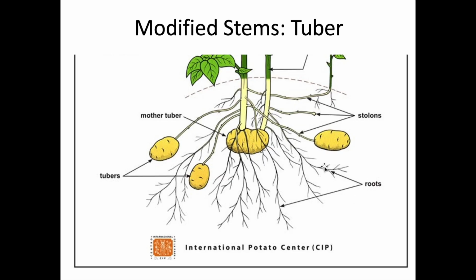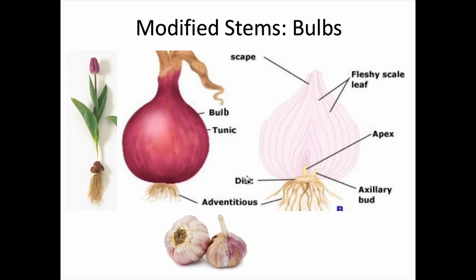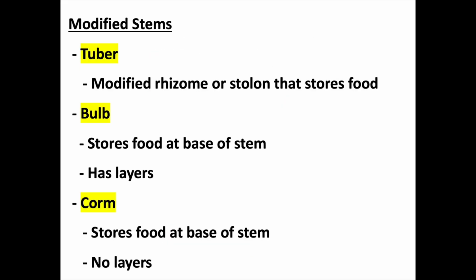There are actual roots. Here are some potato roots, and here are some roots coming off of the onion. This structure is not a root because it's not doing the job of a root. It's not absorbing stuff from its surroundings. So the fact that it's underground doesn't inherently make it a root. It is a modified stem.